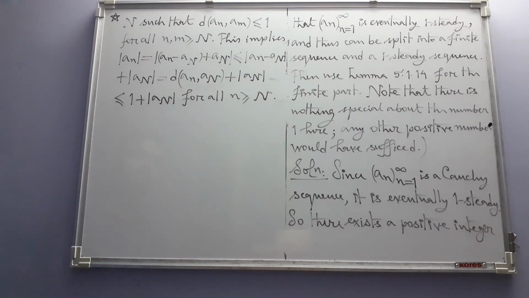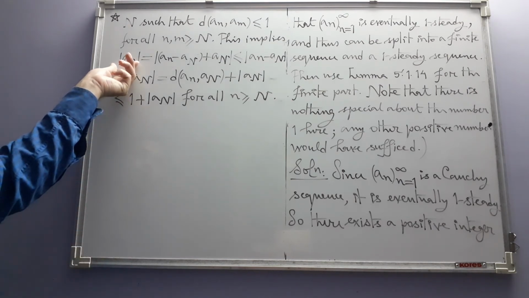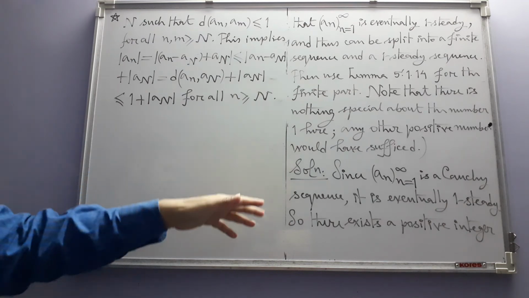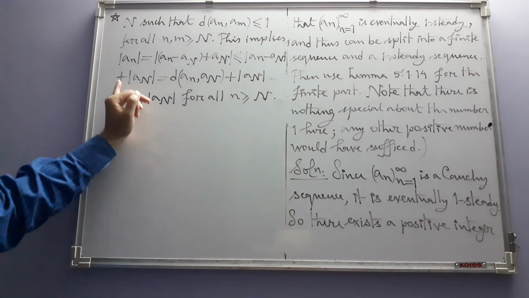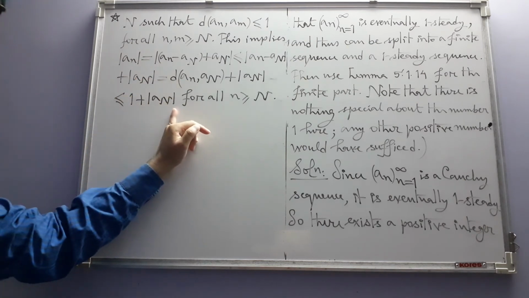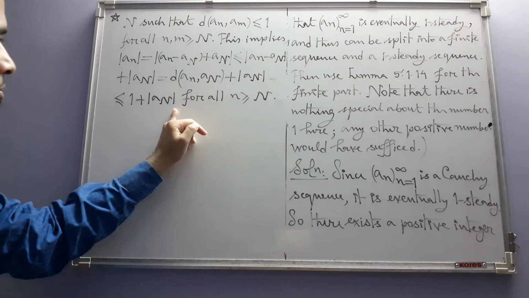Okay, so we have proved that the absolute values of the terms a_n of the original sequence are all less than or equal to this fixed rational number.